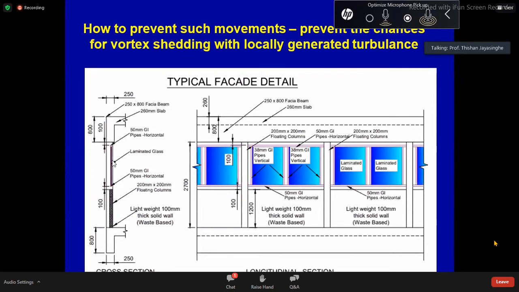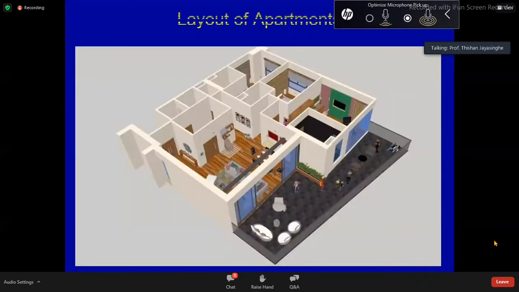And these are floating columns, and the walls, and again to create turbulence, we don't mount the panel at the front of the column, we mount it at the back of the wall, the back of the column. So the idea is to create as much roughness as possible, and with roughness you can prevent the vortex shedding effect.